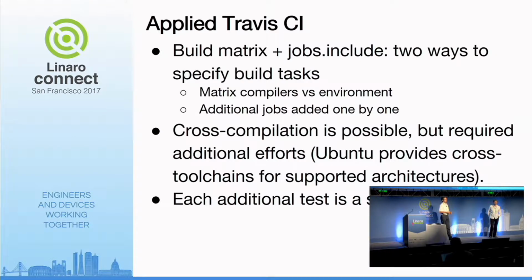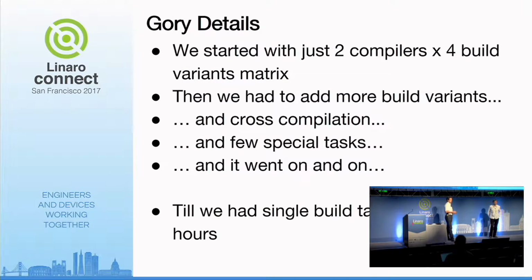It was possible to do that in Travis thanks to its use of the Ubuntu Trusty system as the main image for the build system, which already contains cross compilers for ARM32, ARM64, and PowerPC. So let's go to the gory details.